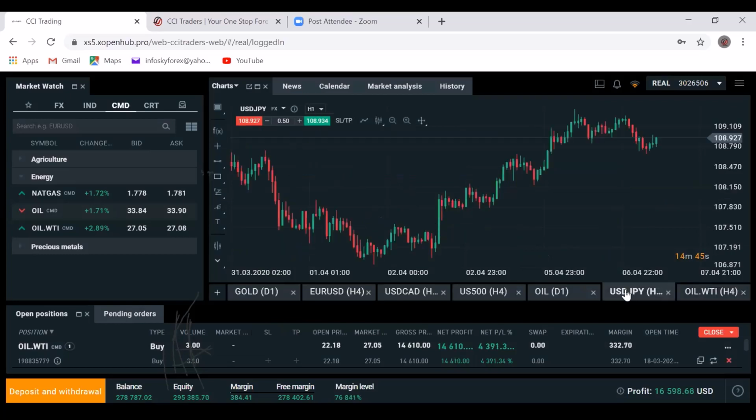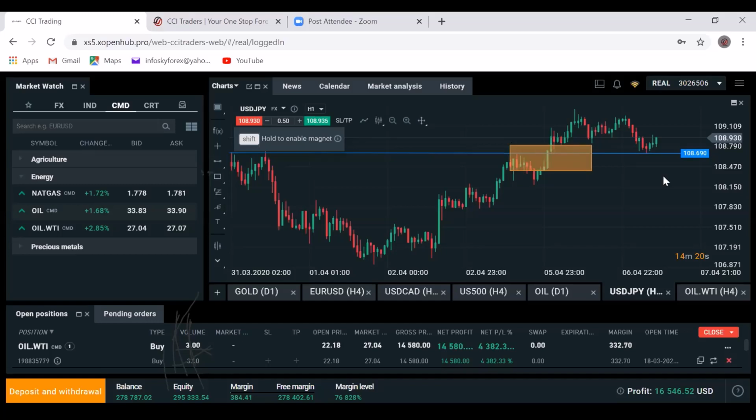Let's check USJPY. USJPY will have this point here.